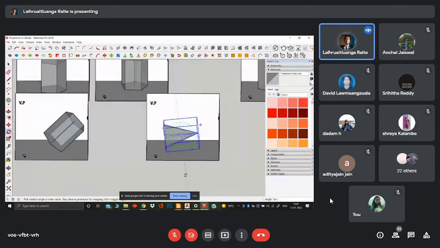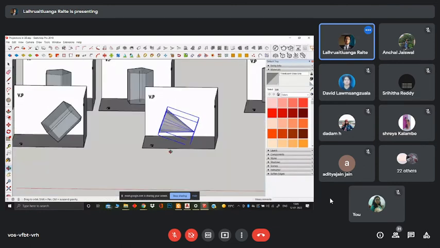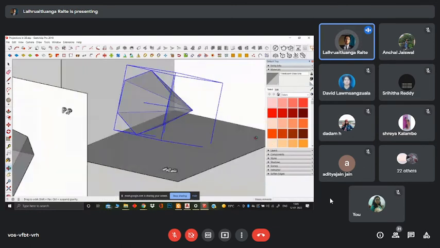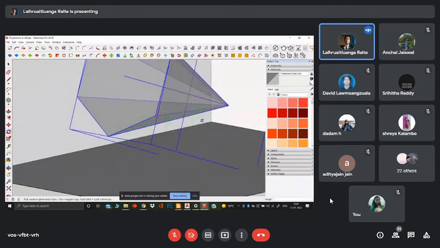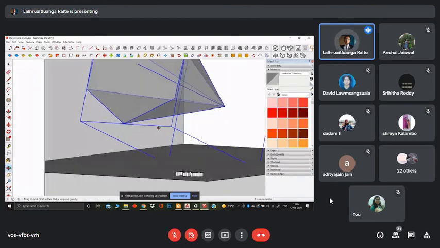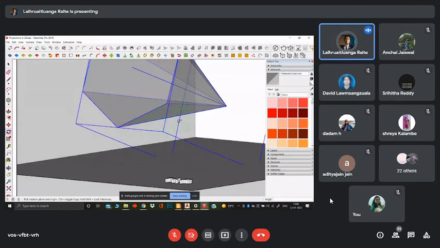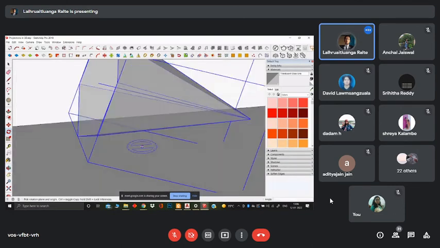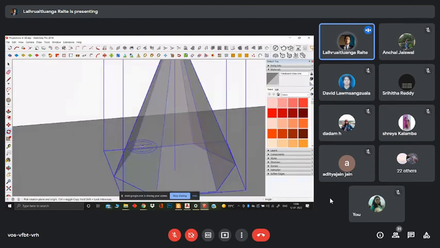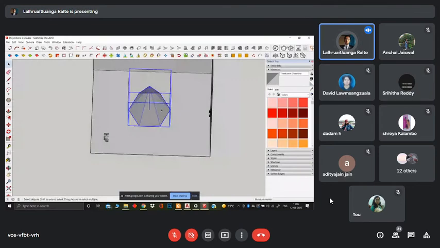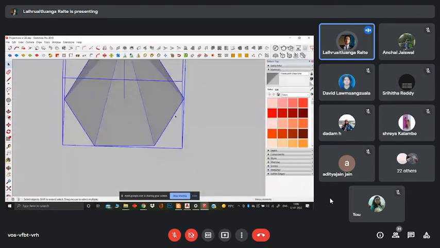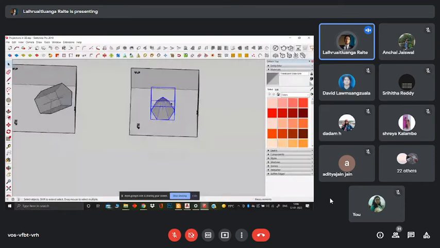Now it kind of sleeps, but it's not going to sleep on a face. It's going to sleep on a line, if it were to sleep like that. So I must orient this carefully in such a way that this particular edge, or any of the edges, is perpendicular to the vertical plane. Right, let me try that.